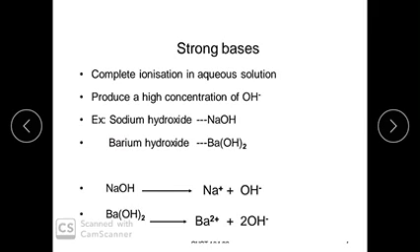Examples: sodium hydroxide NaOH, barium hydroxide Ba(OH)2. Here on ionization they produce hydroxyl ions.